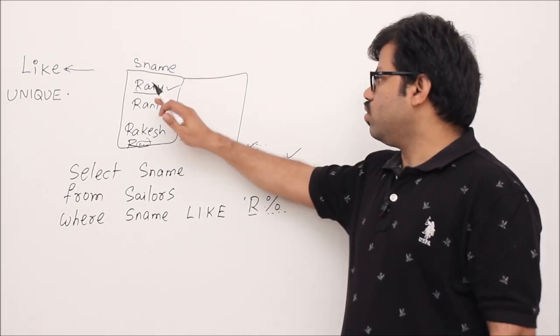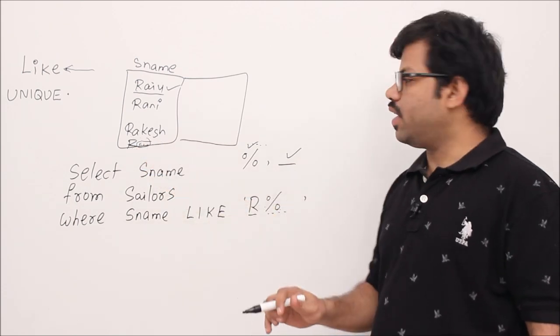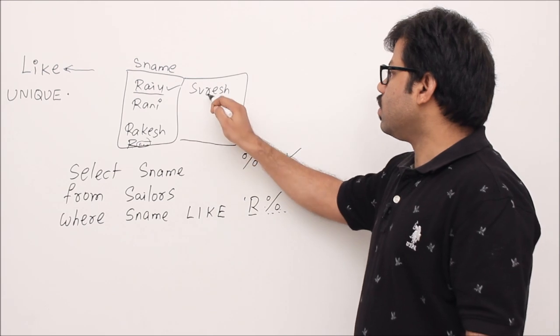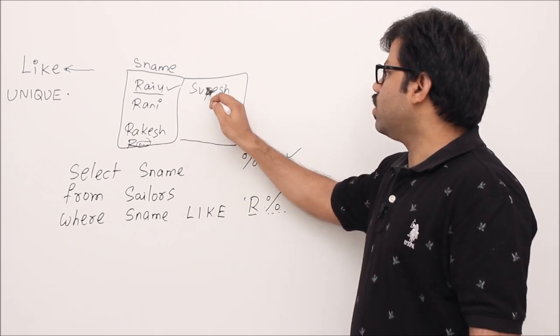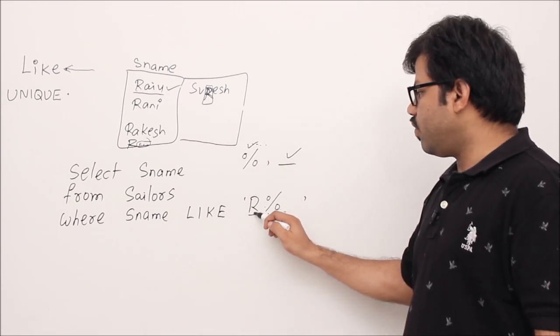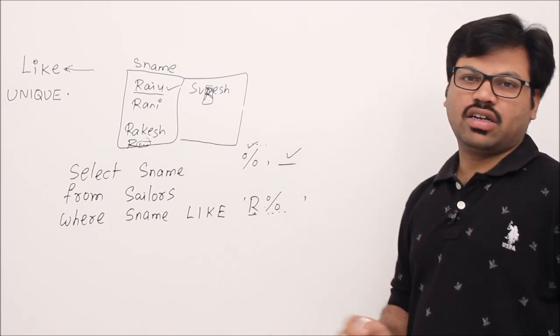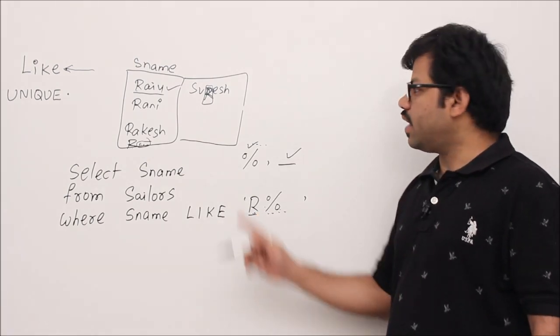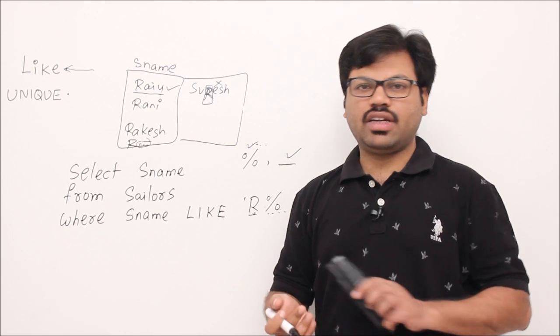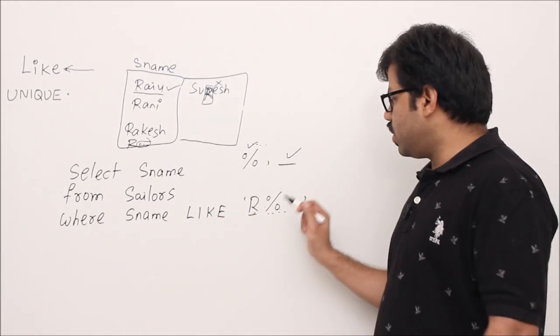That's why Raju, Rani, Rakesh and R will be printed. But Suresh will not be printed. Why? Because this R in Suresh is in between, right? Because you are searching for names which start with R. For that, this will be the syntax and Suresh will be discarded. Later from them you can fetch whatever you want, correct? So this is the idea about using percent.